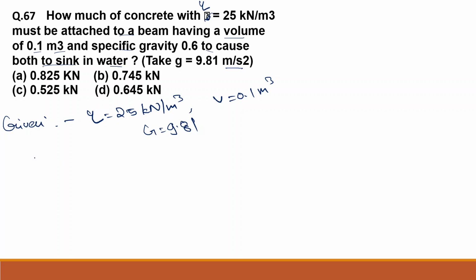For sinking of both beam and attached concrete, the weight should be greater than or equal to the buoyant force. Okay guys, this means buoyant force. First we will write the weight.